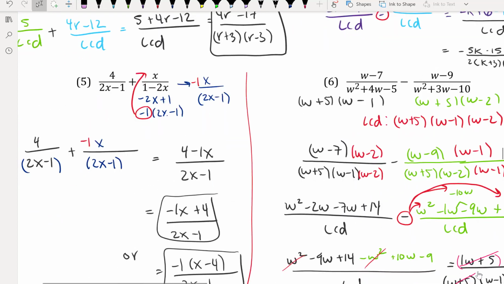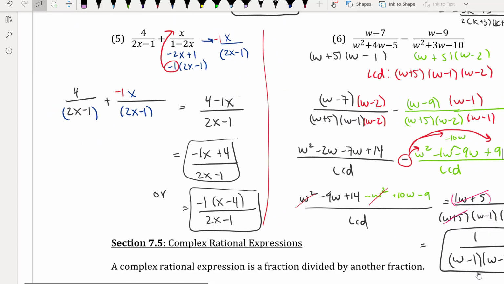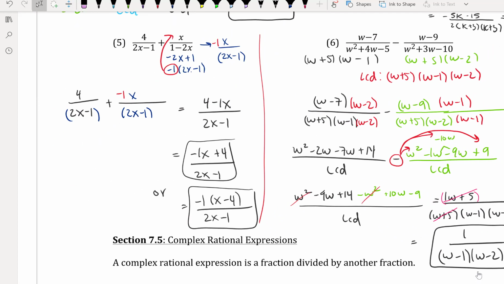So for number 5, what ends up happening is for that second fraction, I wanted to write it in standard form. So when I rewrote it in standard form, that was that -2x plus 1. Then from there, I'm like, okay, I don't like a negative leading coefficient, so I'm going to factor out that -1. And remember, -1 is the only number that can float up to the numerator.